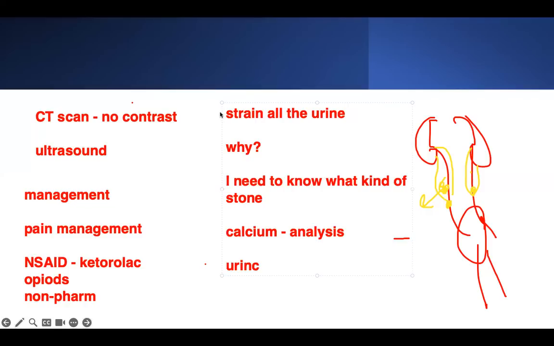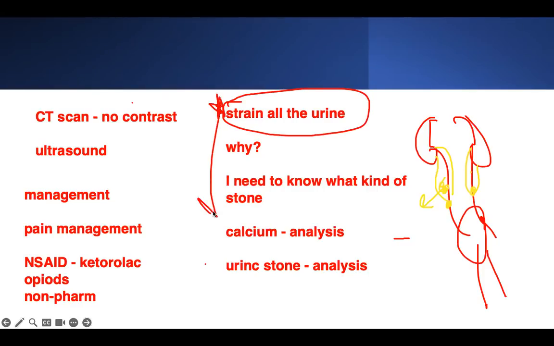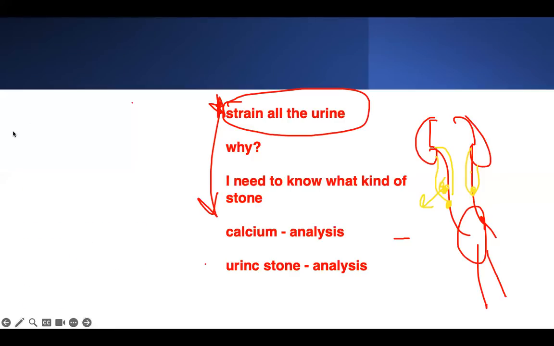If it's uric stone, then do analysis of it. So all the urine needs to be strained so that we can analyze it. So that we can do the study, then we can figure out what causes your stone, and next time we can treat you for that. That is the key. So if you see a question like that, strain all urine as much as possible so that we can figure out what kind of stone you form. That's very, very important.